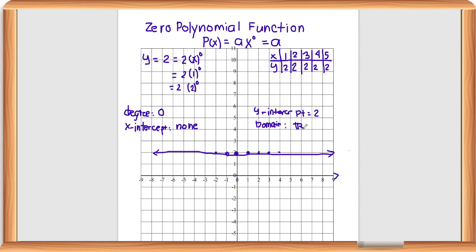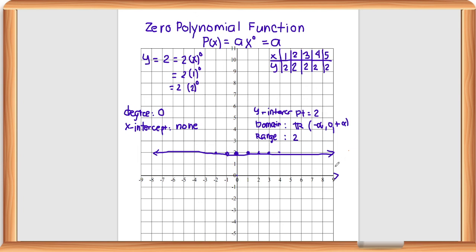All real numbers involves all the negative infinity numbers, including zero, and all the positive infinity numbers, from zero going positive and from zero going negative. That is your domain. And how about the range? The range means the possible values of y in our graph. As you can see, there is only one value of y here. So therefore, your range is 2. Just 2, nothing else.